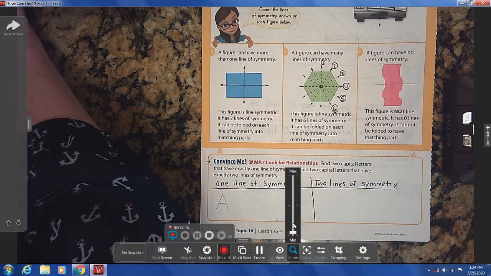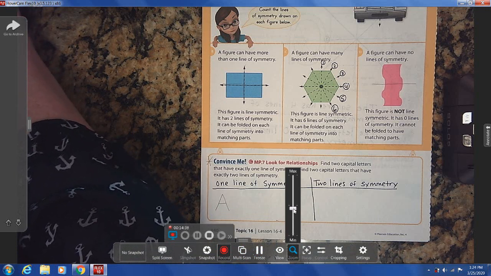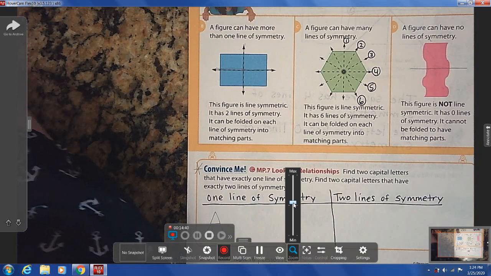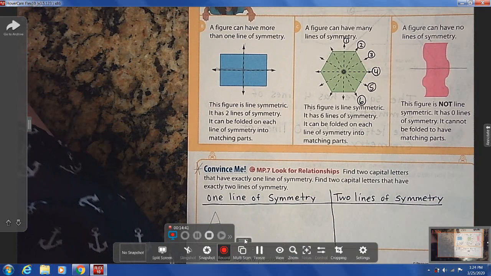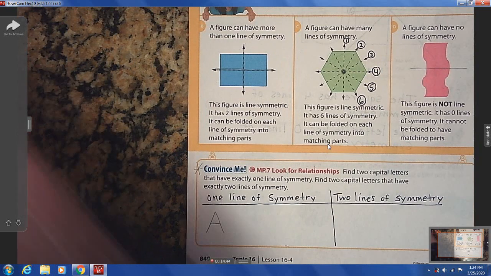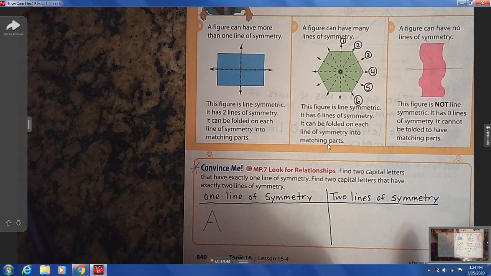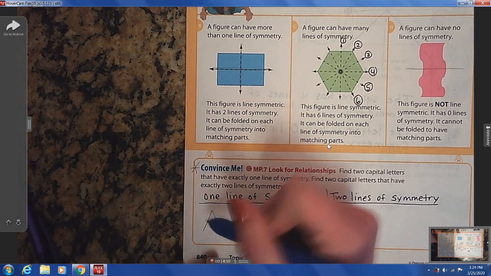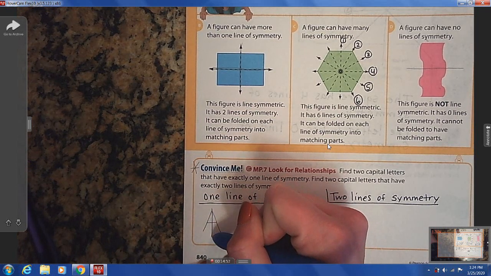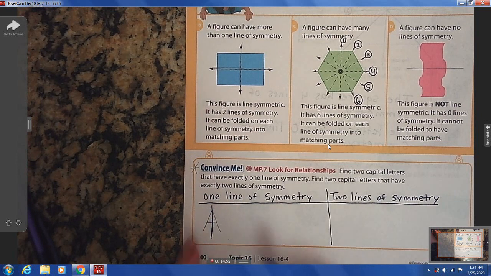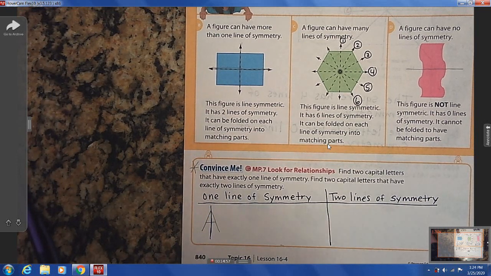So in my head I was thinking, would I be able to cut it in half? And I realized that there's only one way that you would be able to do that. And that would be from the top and the bottom. This would be a line of symmetry, and we have the same thing on both sides.